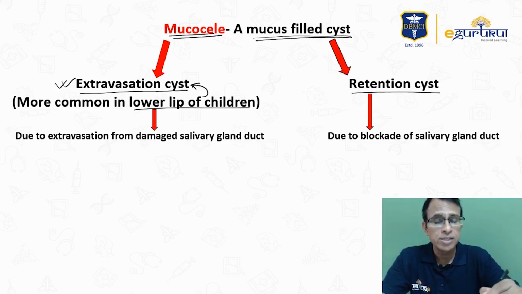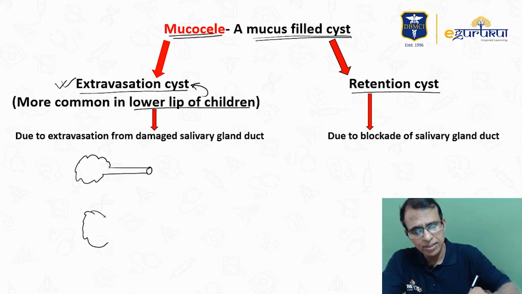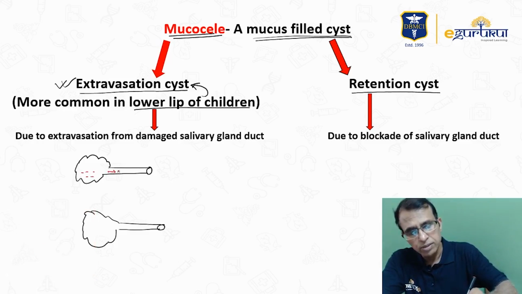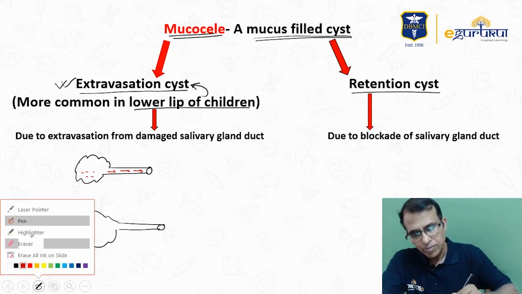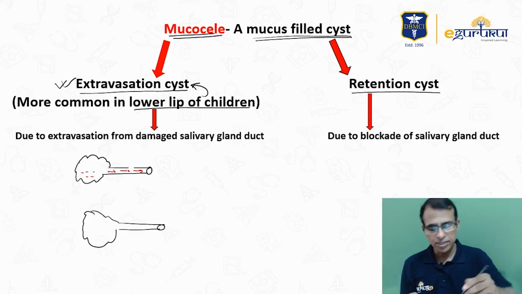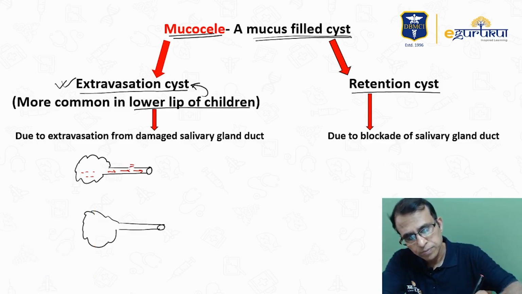Now what is the difference between retention cyst and extravasation cyst? Suppose this is the salivary gland in the lip, this is a duct, and saliva secretion will flow out of the duct like this. Now sometimes the duct gets damaged like this, and through this damaged area the secretion flows out.